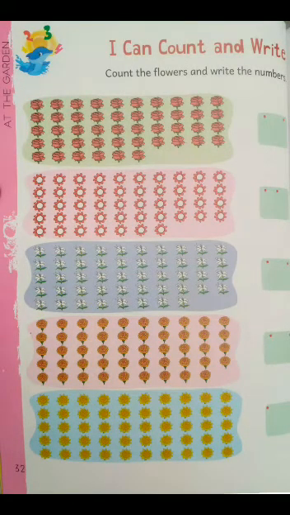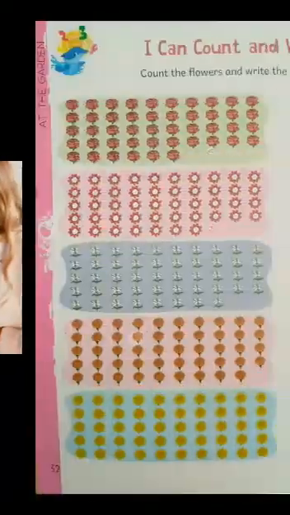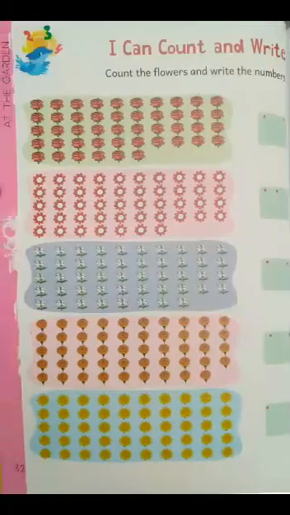Count the flowers. Count the flowers and write the numbers. Here you write 4, 6, 46. Then 4, 7, 47. 4, 8, 48. 4, 9, 49.